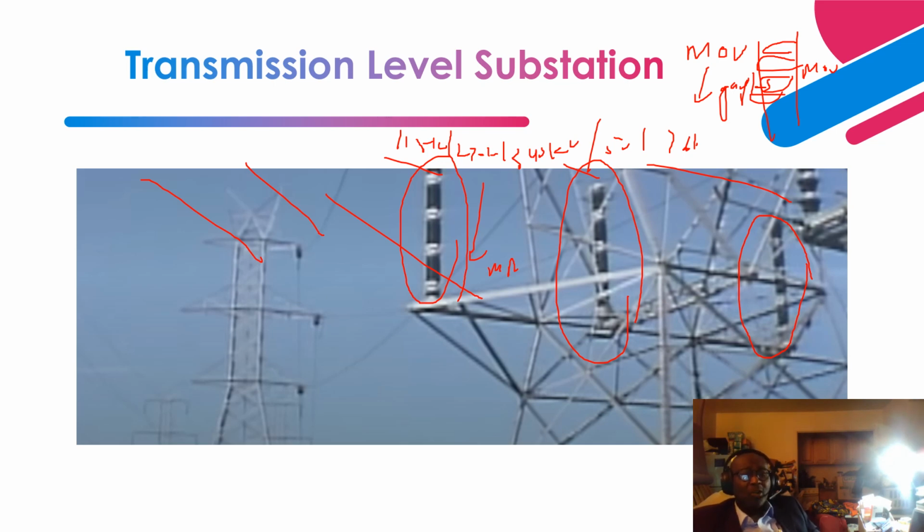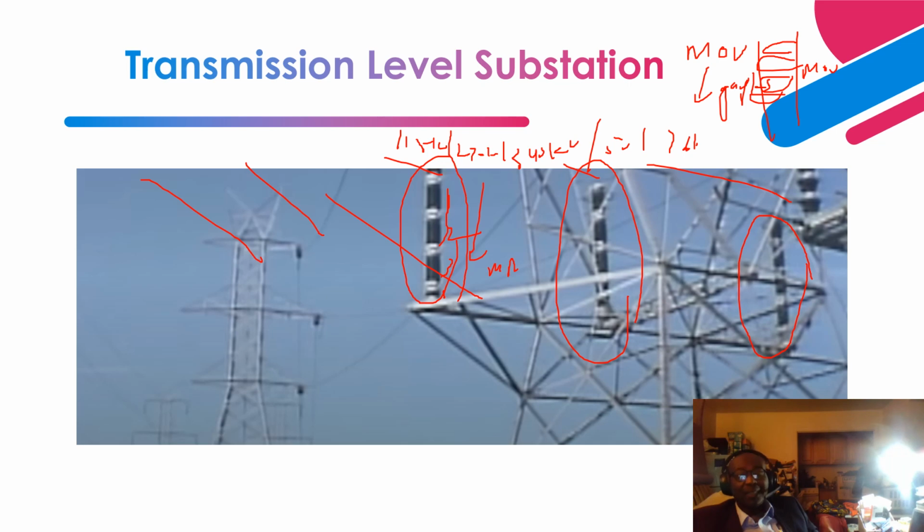Depending on the level of voltage, as you can see over here, we have many stacks that have been connected together. Stack 1, stack 2, stack 3, and a little bit of stack there. It is all based on the level of voltage. So 115 kV might have, let's say, 2 stacks, 230 kV might have 3 stacks, 345 kV might have more than 4 stacks.